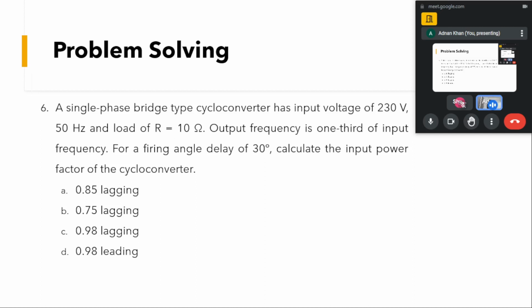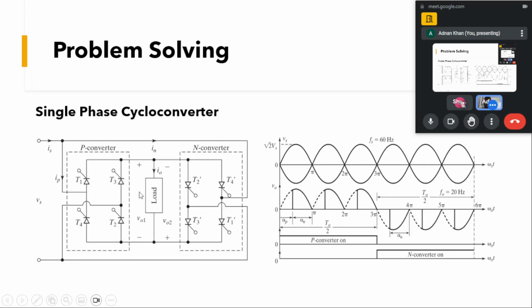For a firing angle of 30 degrees, calculate the input power factor of the cycloconverter. Previously we calculated the output voltage and output current, and now we want to calculate the input power factor.